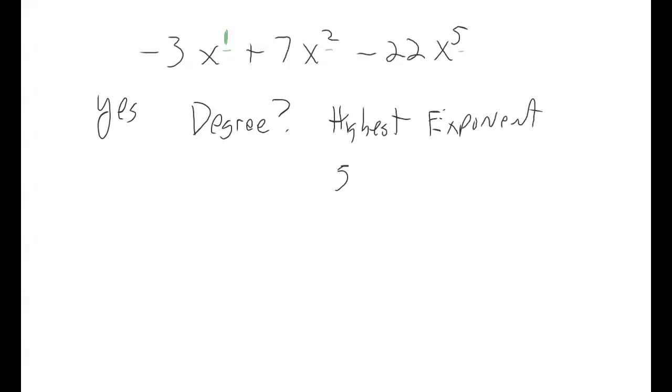That is the largest exponent. And then it might ask you, what is the leading coefficient? And leading typically means first, but because this thing's not written in the right order, the leading coefficient goes with the highest degree. So that means the answer is negative 22.